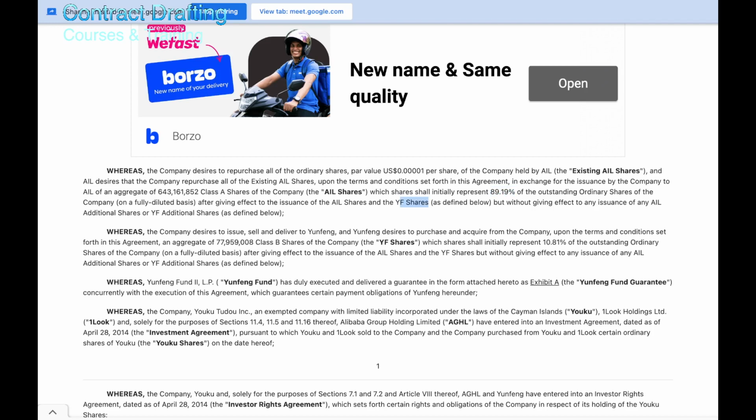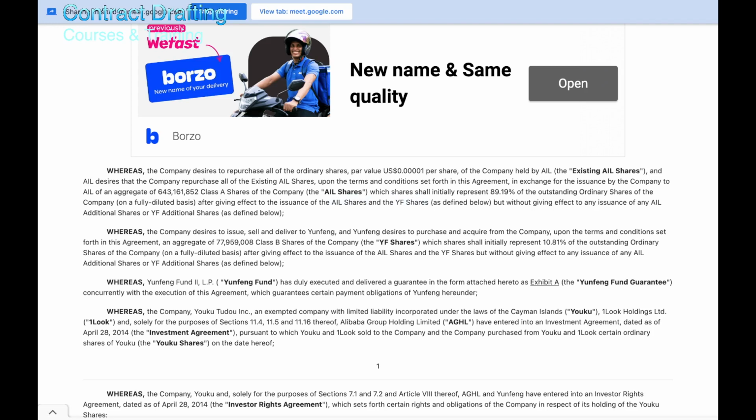Now, AIL additional shares and AIL shares are two distinct terms, both defined below. YF shares and YF additional shares are also two distinct terms as defined below.